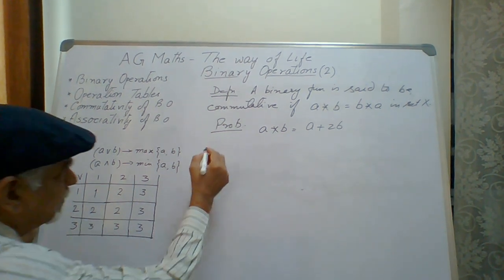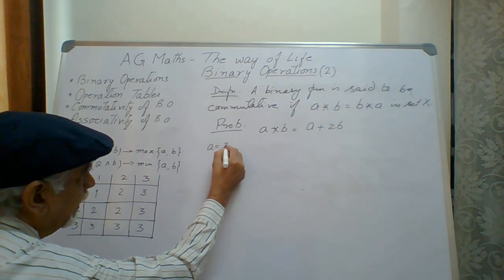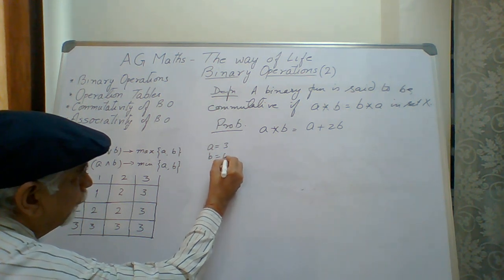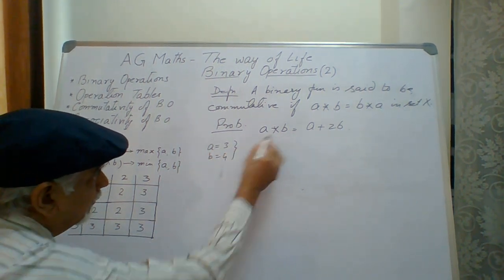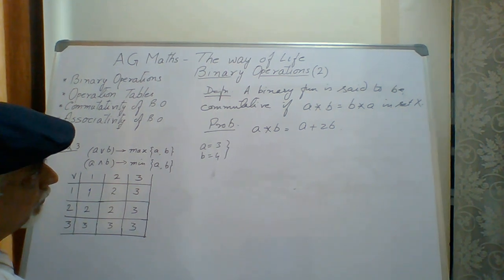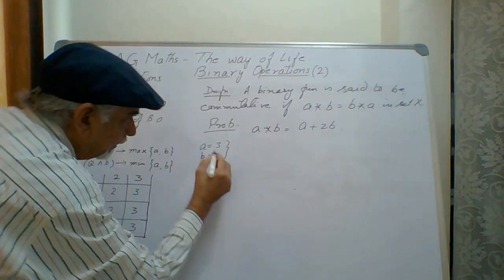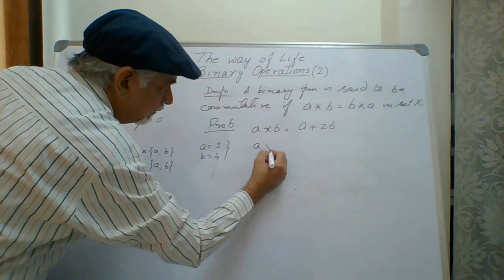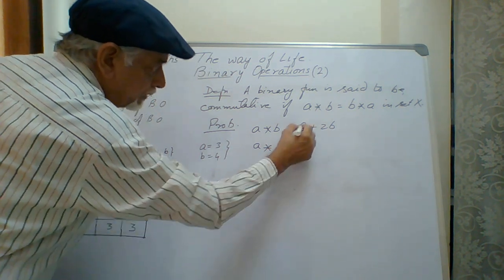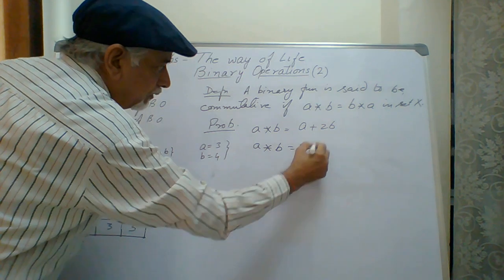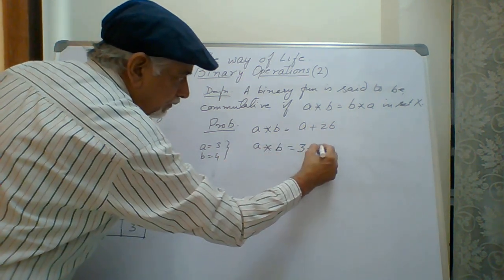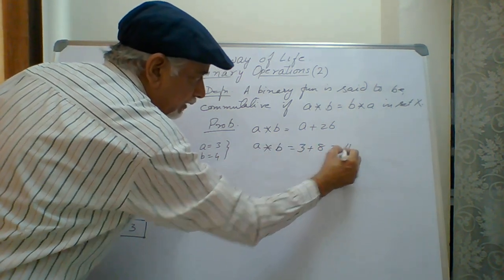For example, let us assume that A is equal to 3 and B is equal to 4. We have taken any number by assumption. Now, following this binary operation condition given, if I write A binary B, it will be simply A plus 2B. The first element is 3 and 2 times the second element is 8. So I get the answer as 11.